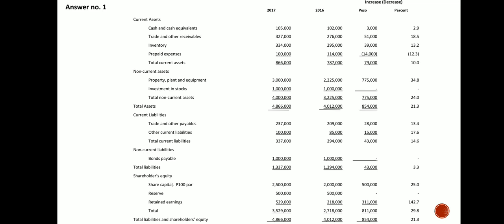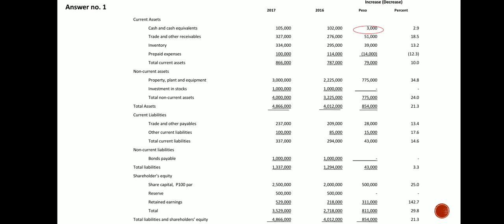So the cash and cash equivalents increased by 3,000. Our base amount here is the amount in the year 2016. Again, the cash and cash equivalents increased by 3,000 from 102,000 in 2016 to 105,000 in 2017.